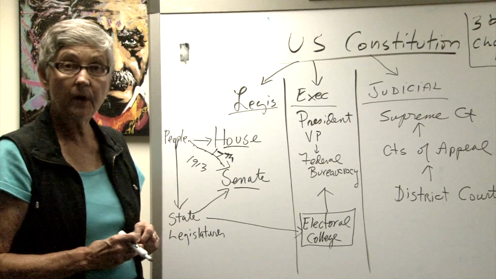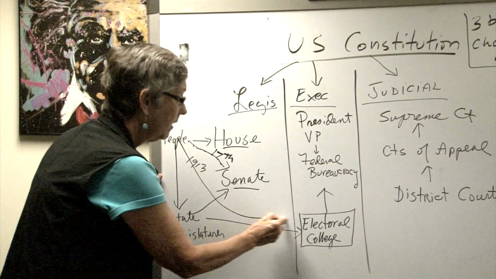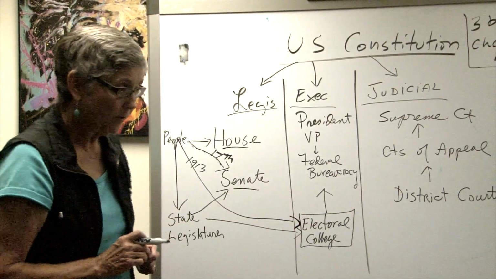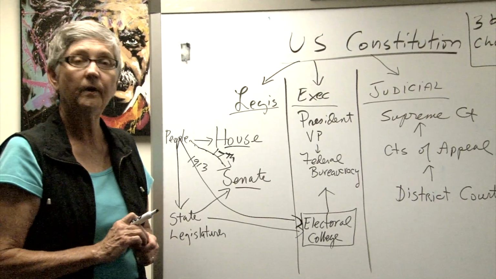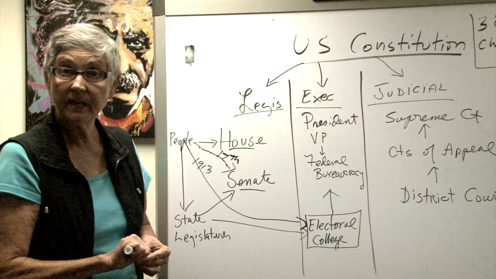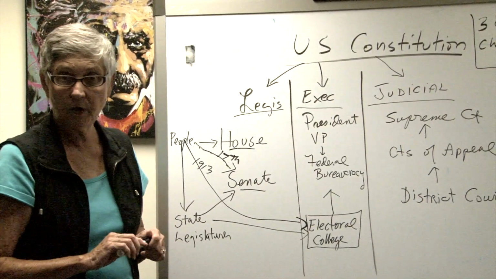Today, the people vote, but what they're voting for is who's going to be in the Electoral College. So, for example, if in the next election, George Romney, that's the father, Mitt Romney wins Texas, gets the most votes in Texas, he will get all of Texas's electoral votes.